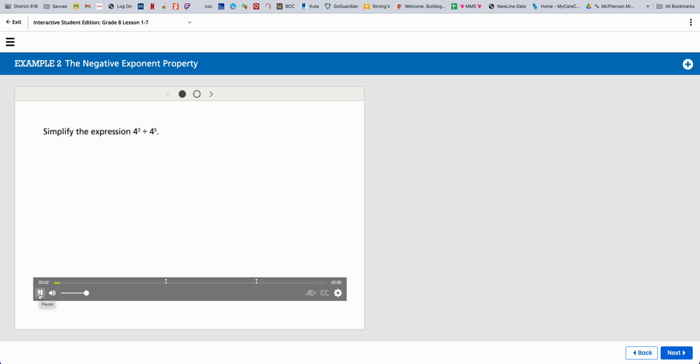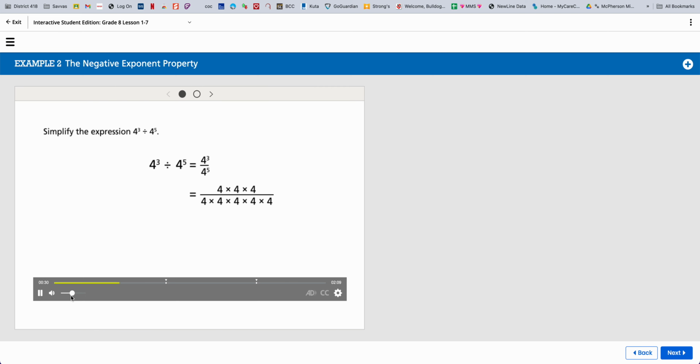Simplify the expression 4 to the third power divided by 4 to the fifth power. To begin, write the division problem as a fraction. Now use the definition of exponents to rewrite the fraction. 4 to the third power is equal to 4 times 4 times 4, and 4 to the fifth power is equal to the product of 5 fours.